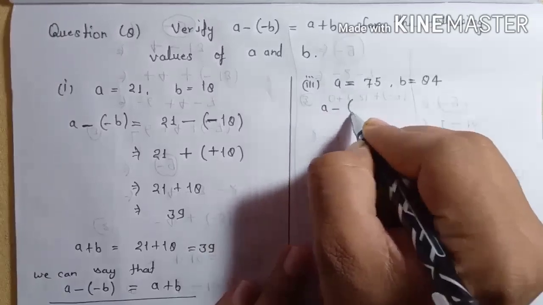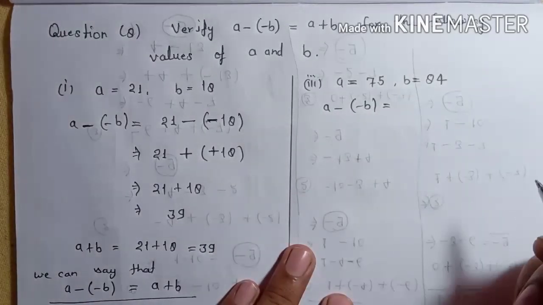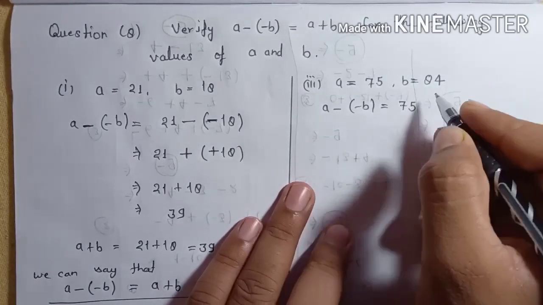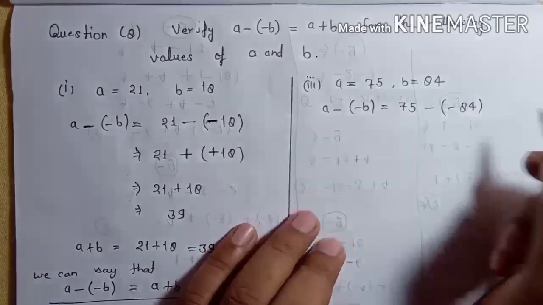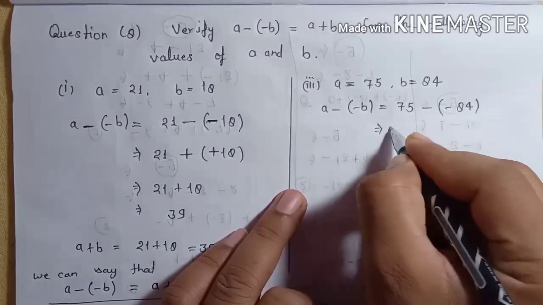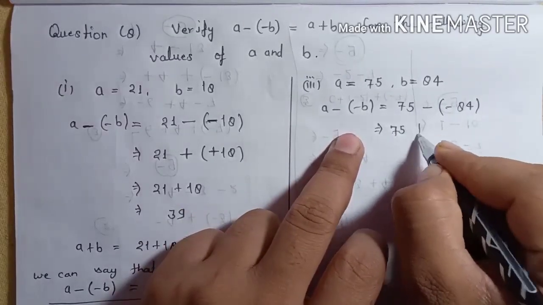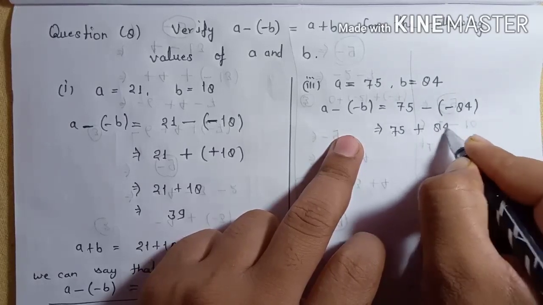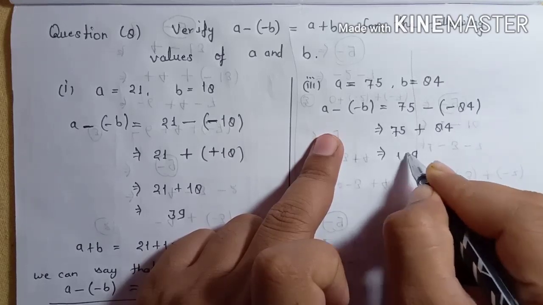Find the value of a minus minus b when a is equal to 75 and b is equal to 84. Adding the additive inverse of 84 to 75, the result is 159.